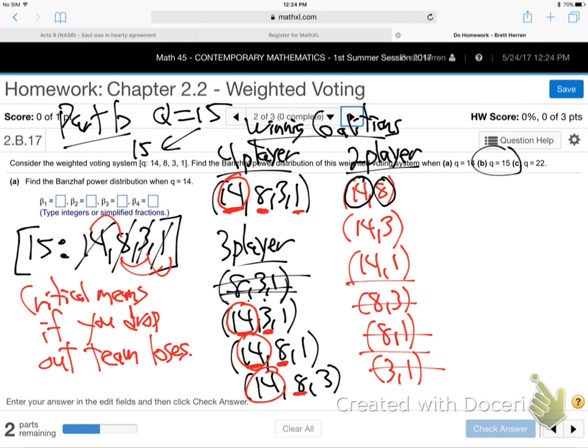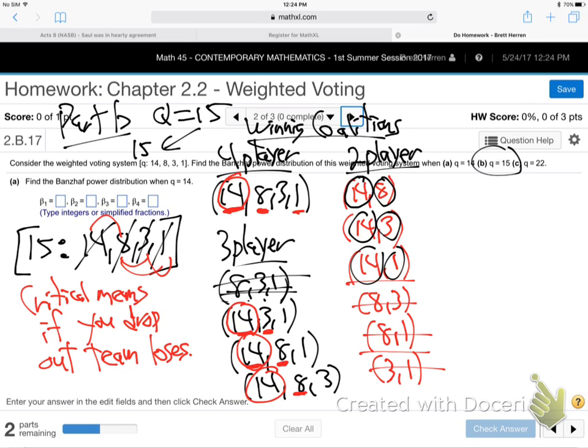So the 8 is also critical in that role. If the 8 doesn't show up, they lose. Down here, 14 is critical again, because if 14 doesn't show up, they lose. But also the 3: if the 3 doesn't show up, the 14 loses without and doesn't have 15. Next one, both are critical again. If either one doesn't show up, they're going to lose. They're both critical. And that's it.